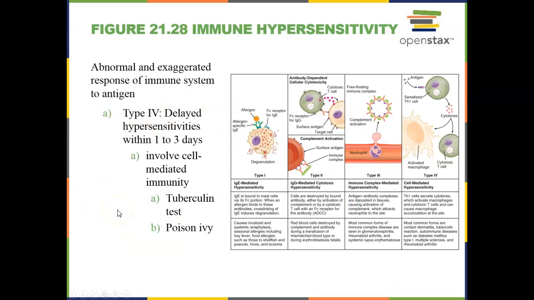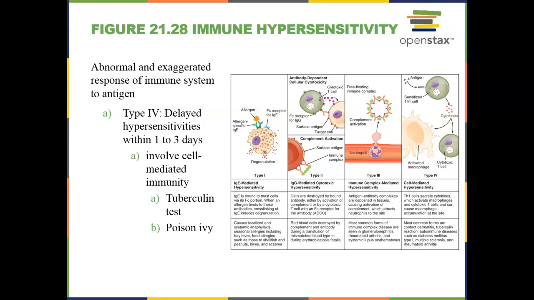And then we have type 4 hypersensitivity. This is a delayed hypersensitivity, typically occurring anywhere from 1 to 3 days after coming in contact with the potential pathogen. An example of this is the tuberculosis test. Most of you have had this test where they put a little bit of tuberculin proteins under the skin, and then they want to see if there's going to be a reaction.